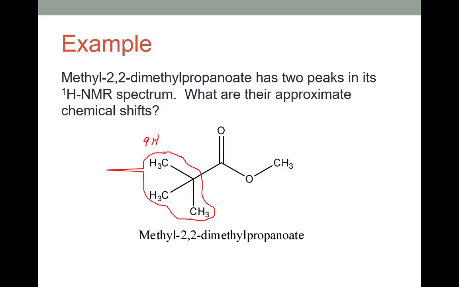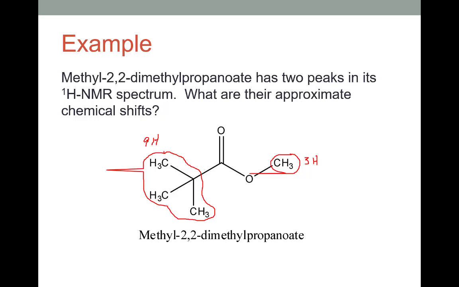If we replaced any one of these with a chlorine, we would get exactly the same molecule. And so we have one group representing 9 hydrogens altogether that would give us a single signal on the NMR. And then of course we have this group of 3 over here that would give us a different signal. And so on our NMR we would expect 2 peaks roughly in a 3-to-1 intensity ratio, or 9-to-3, 3-to-1 simplified.